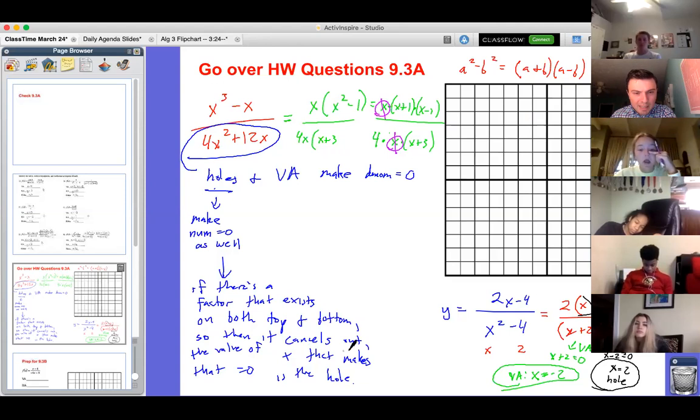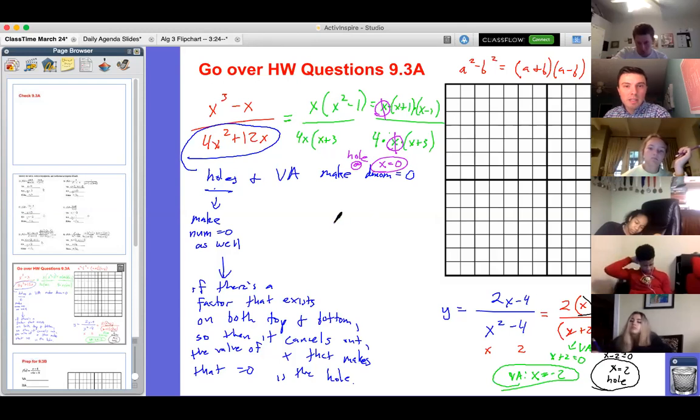At the value of x that makes that factor equal to 0. Normally we just set the factor equal to 0, so I'm just going to set it equal to 0, and there's our hole. We have a hole at x equals 0.